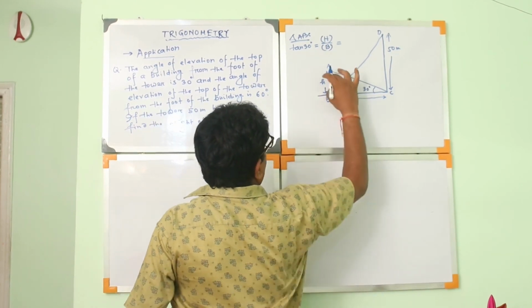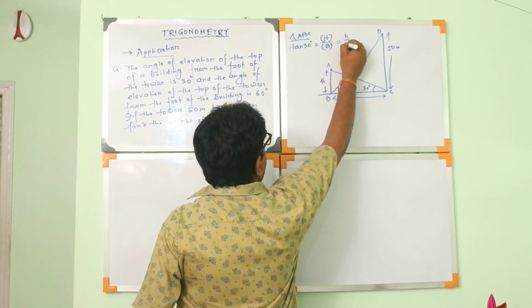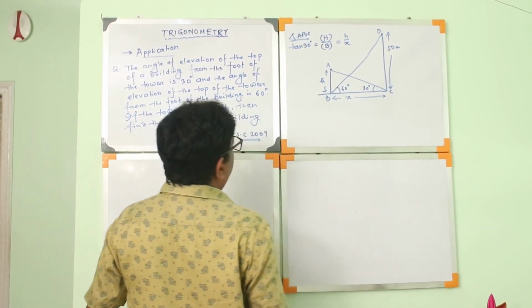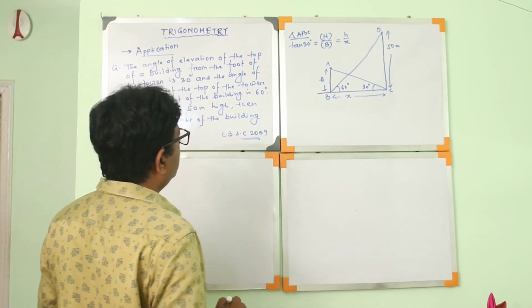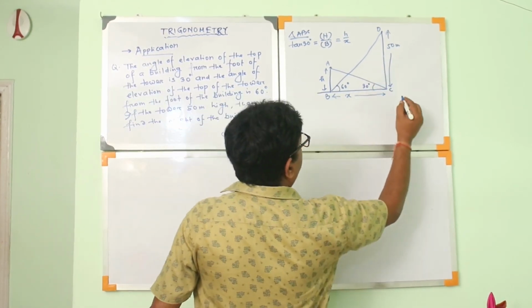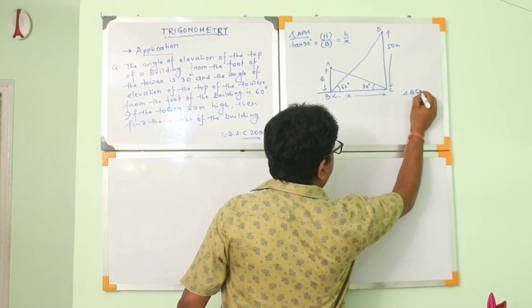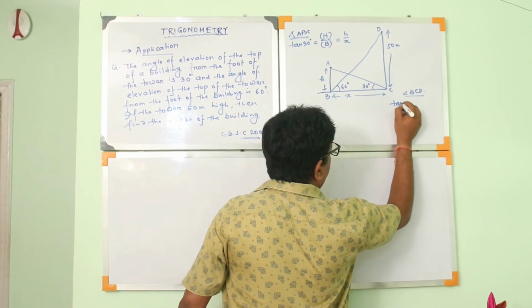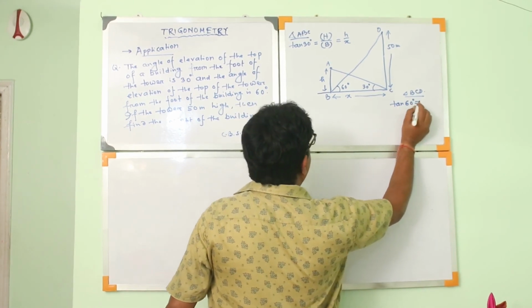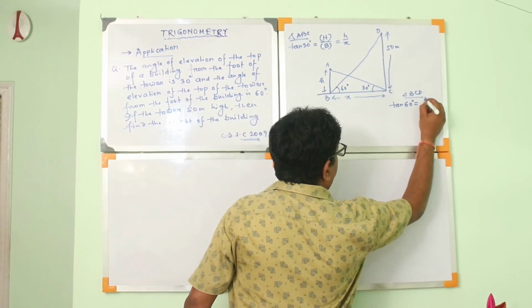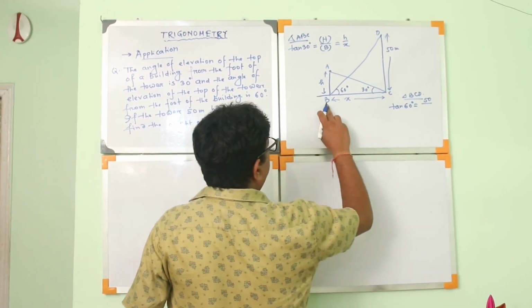Height means h and base means x. So tan 30 is equal to h by x. And from triangle BCD, we can write tan 60 is equal to height by base. Height means 50 meters, base means x.